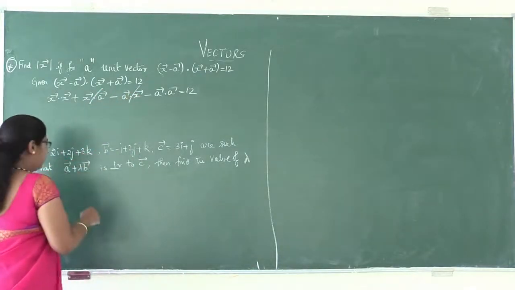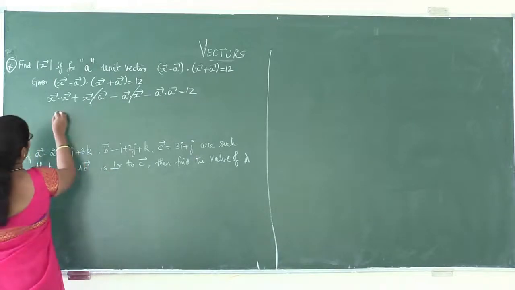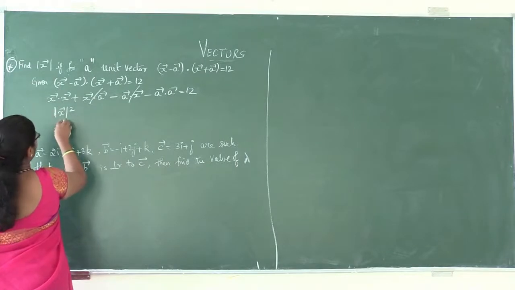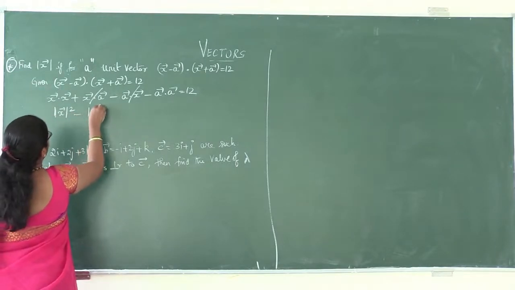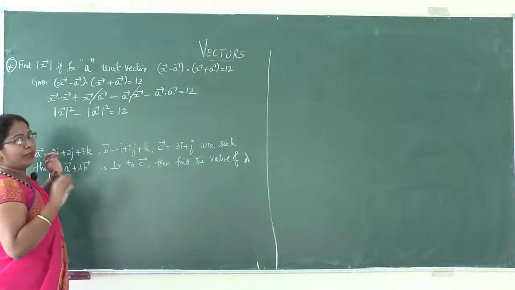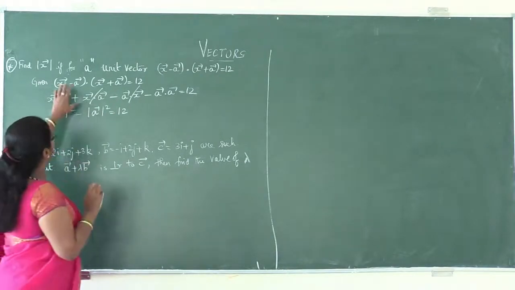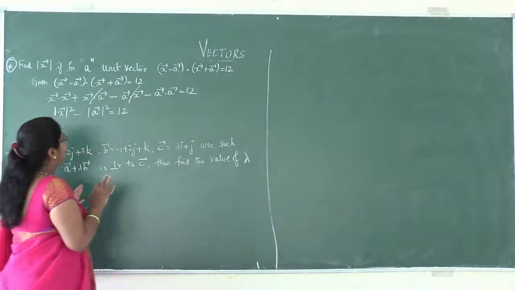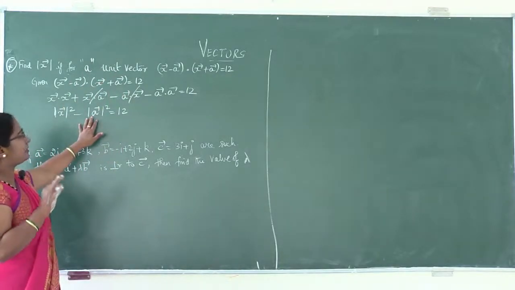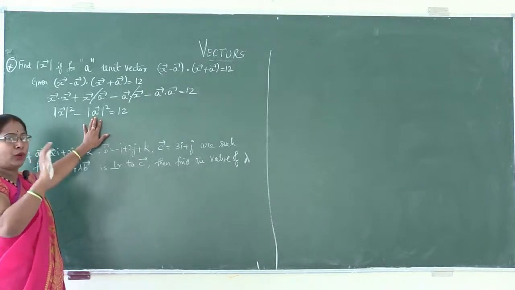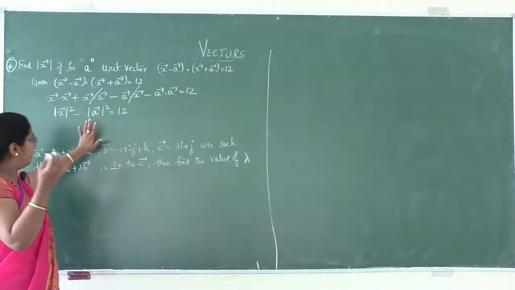So, vector x dot vector x can be written as what? Vector x whole square, magnitude of vector x whole square minus modulus of vector A whole square is equal to 12. Now, when you read the question, by data, what vector is A? Unit vector. So, by data itself it is given vector A is a unit vector. So, what will be the value of the magnitude of vector A? 1. What will be 1 square? That is nothing but 1 again.